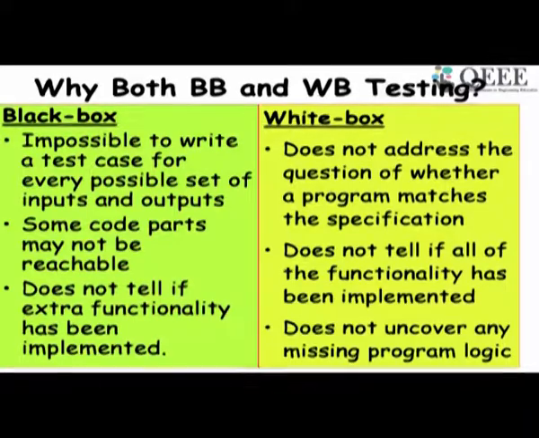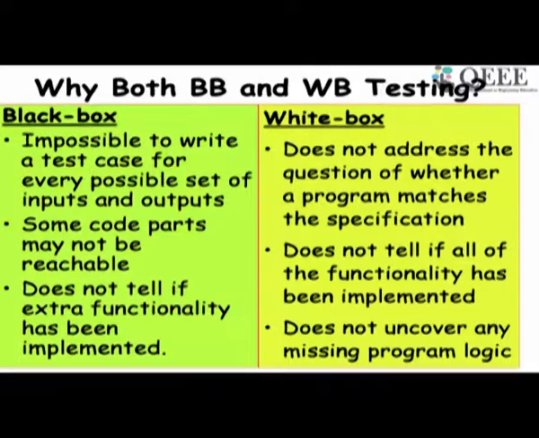Similarly, just by doing black box testing, we cannot say whether there is a Trojan in the code, where somebody has implemented extra functionality. Just by black box testing, we cannot determine that. Also, some code parts may not be reachable by black box testing.